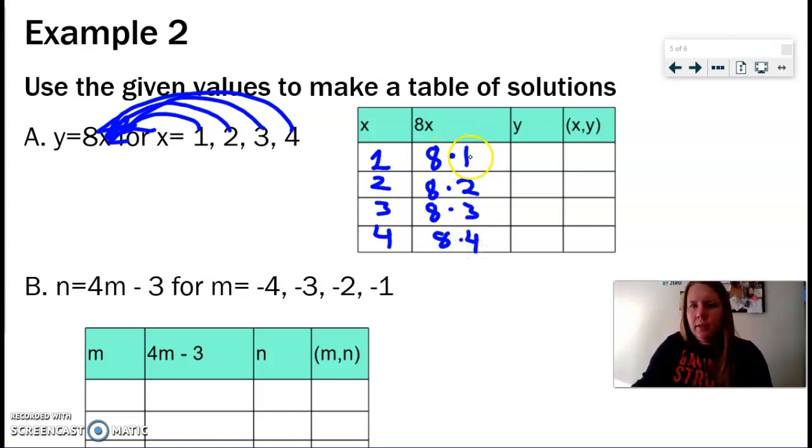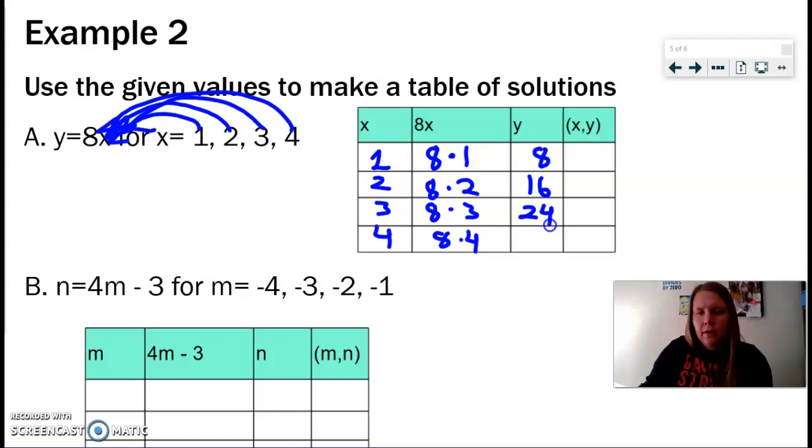Well, 8 times 1 is 8, and that's what my y equals, 8x. So this is going to be my y value. 8 times 2 is 16, so that's my y, and I continue on. 8 times 3, 24, 8 times 4, 32.